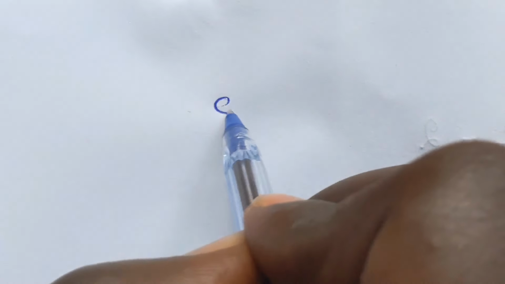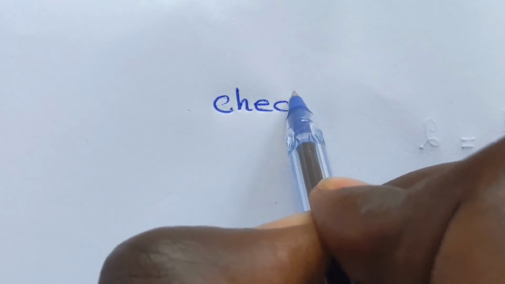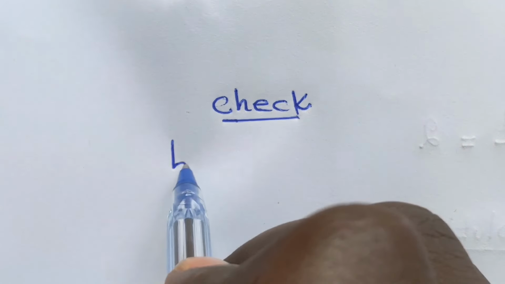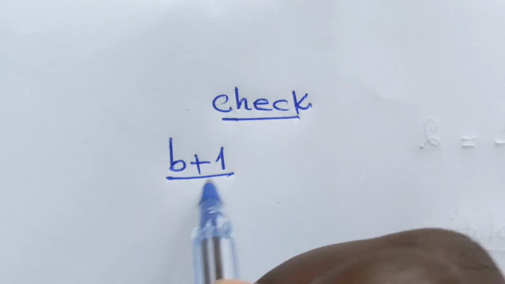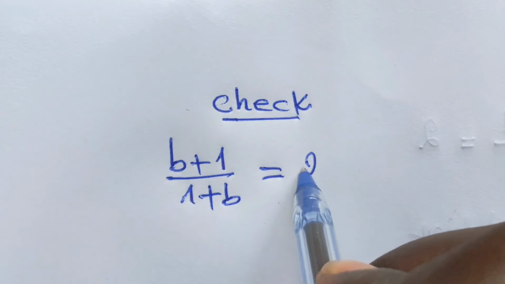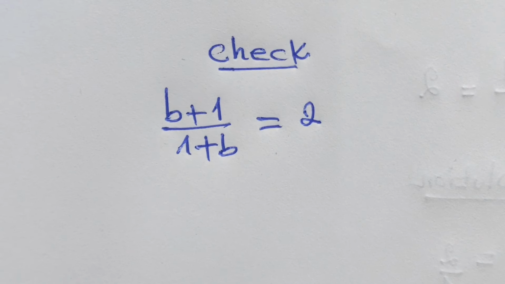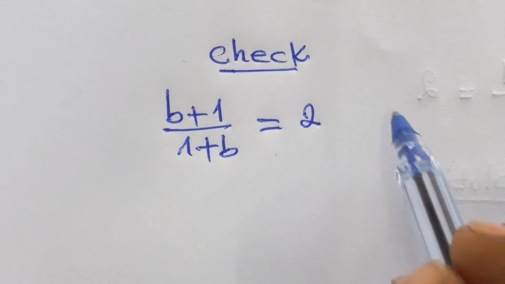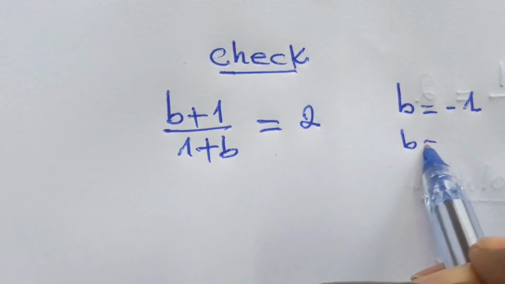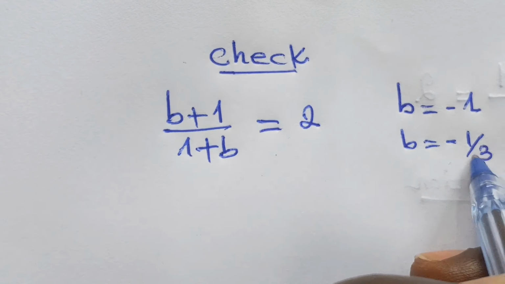And we always have to check if our answer is correct. Okay, now we are given (b + 1) over (1 + b) equal to 2. Now we have the value of b equal to negative 1, or b equal to negative 1 over 3.